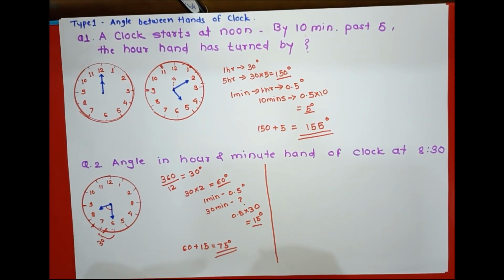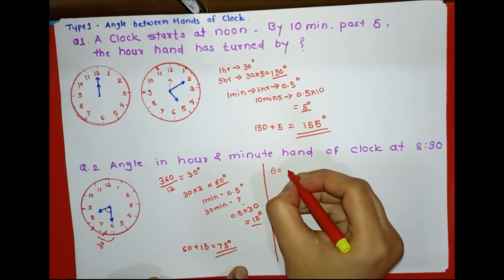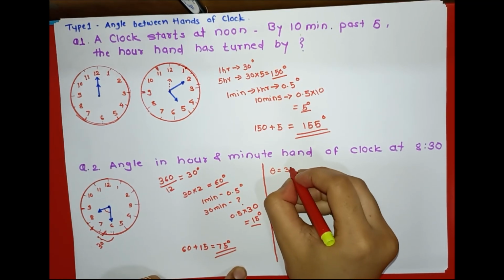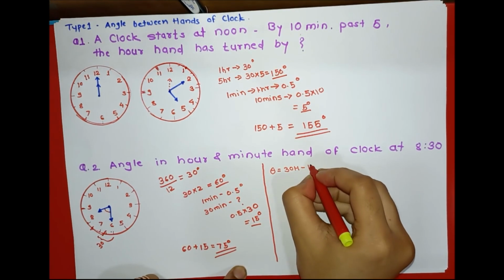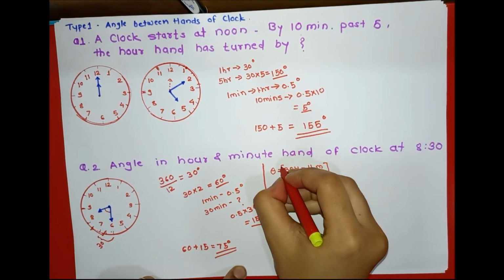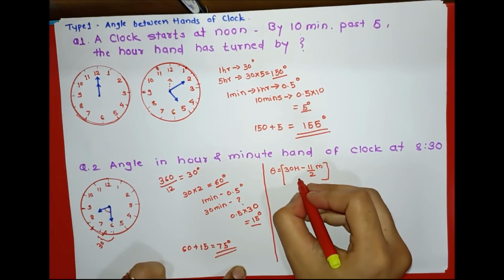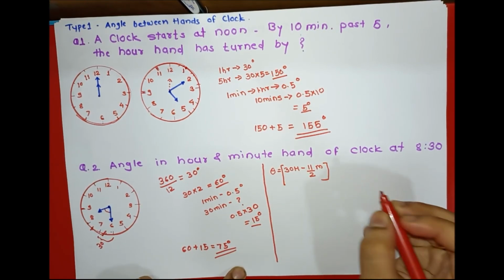We can, however, solve this using a formula. The formula is theta is equal to 30h minus 11 by 2 m. This theta is your angle, h is the hours, m is the minutes.